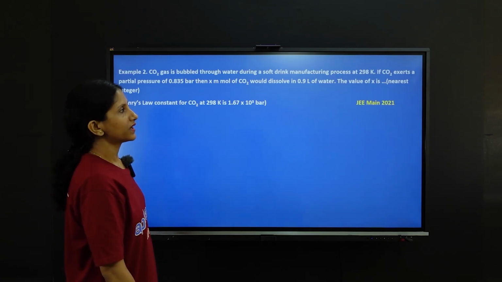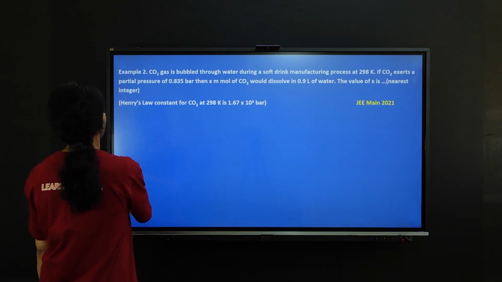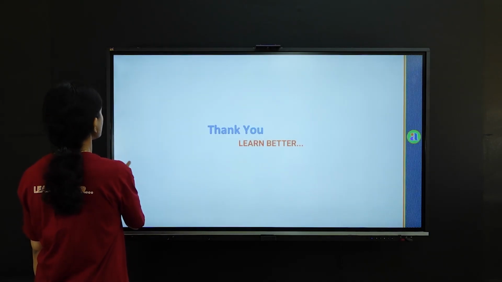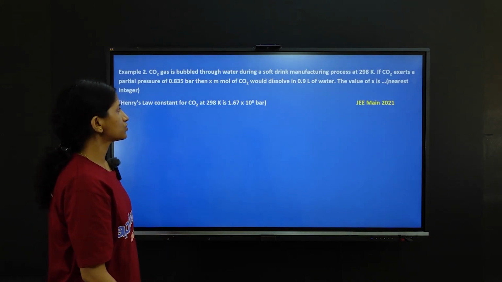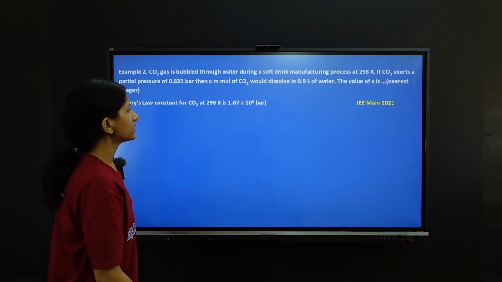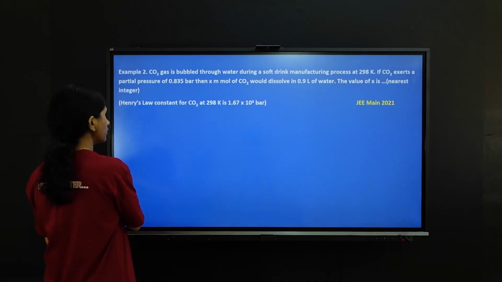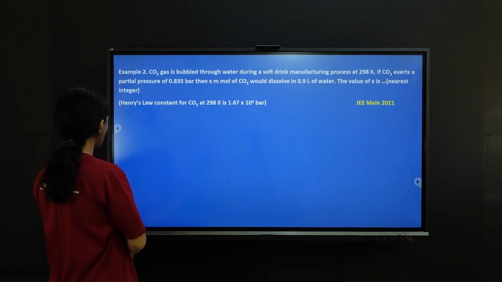The value of X here we have to calculate. Some information is also given: Henry's law constant for CO2 at 298 Kelvin is 1.67 times 10 cube bar. So now let's see how we can solve this problem.